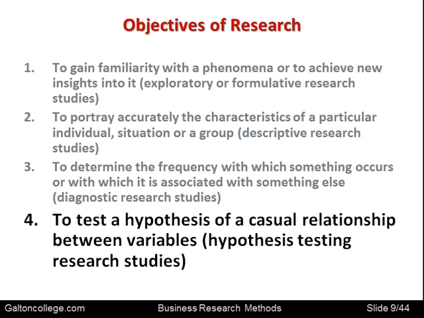It's not just good enough to speculate about it or assume it's right or it seems to make sense and that's good enough. They want to check that there is a causal connection. One is causing the other. So these are the objectives of research, and we've set out 4 here.